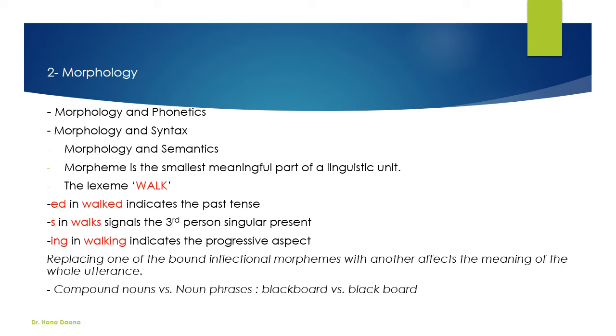For example, when I have such an example as we can see in front of us, and I say blackboard, the first example there on the screen, this blackboard means a board to write on, and this blackboard is a compound noun. Whereas when I say black board, here it's a noun phrase, and I mean a board that is black.